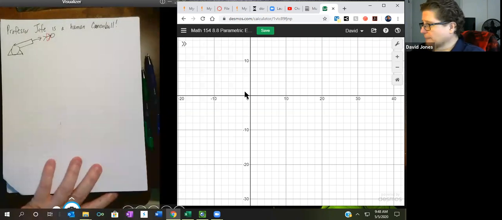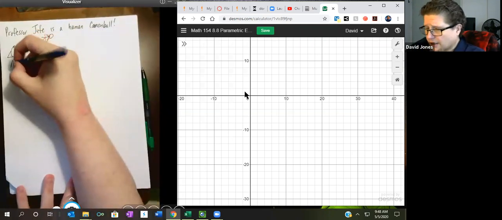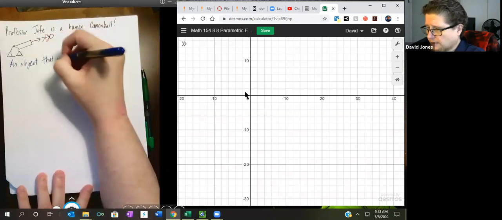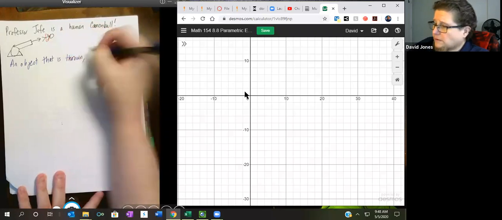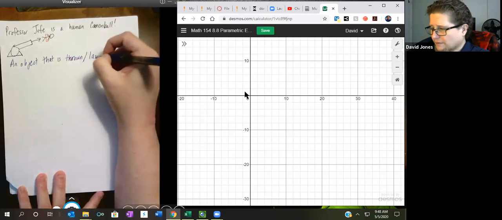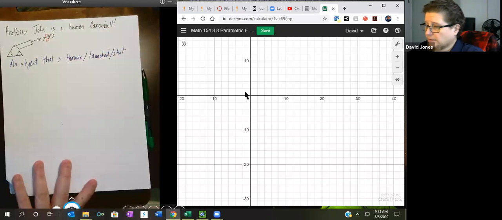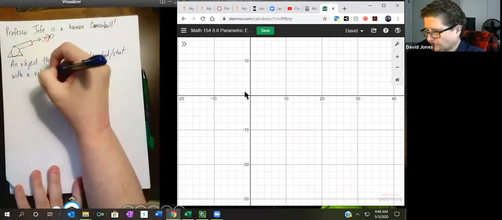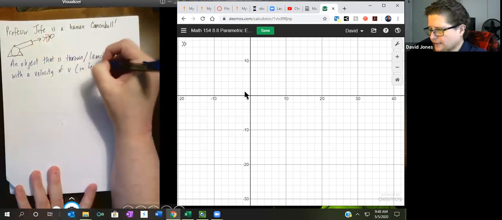Okay, so this is an application where something like this, we can parameterize it. An object that is thrown or launched, shot, whatever word you want to use, with the velocity of v, and this is in feet per second.